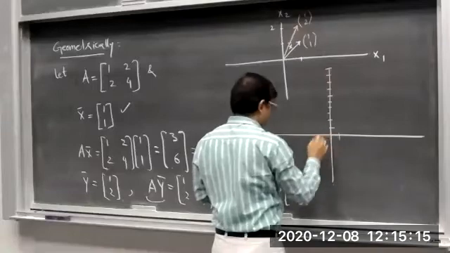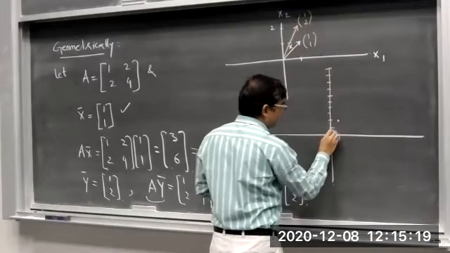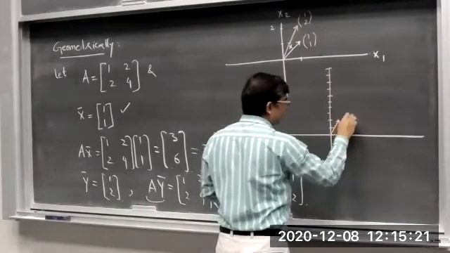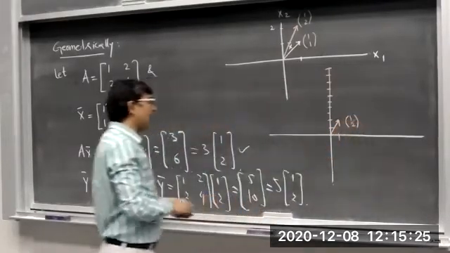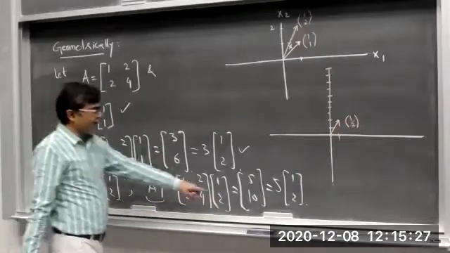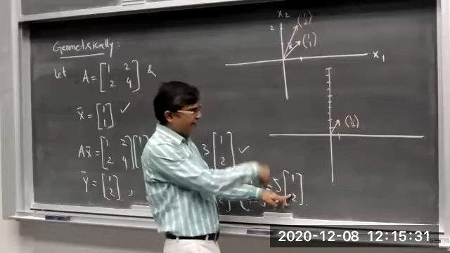So (1, 2) is the original vector. And the resulting vector after multiplying Y with A, we get 5 times (1, 2), which means (5, 10).